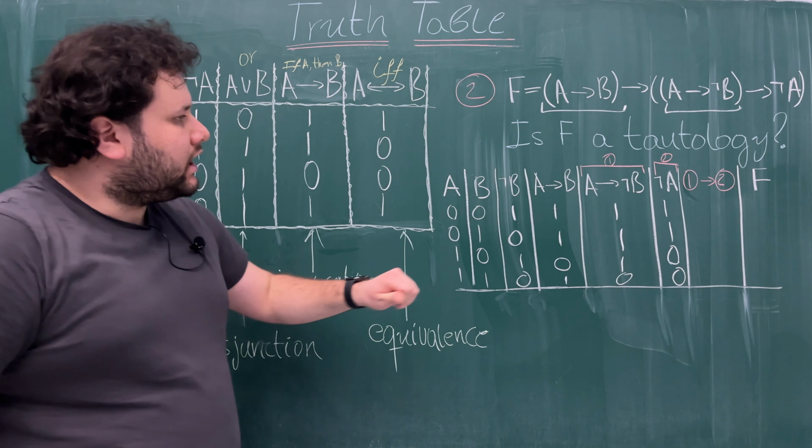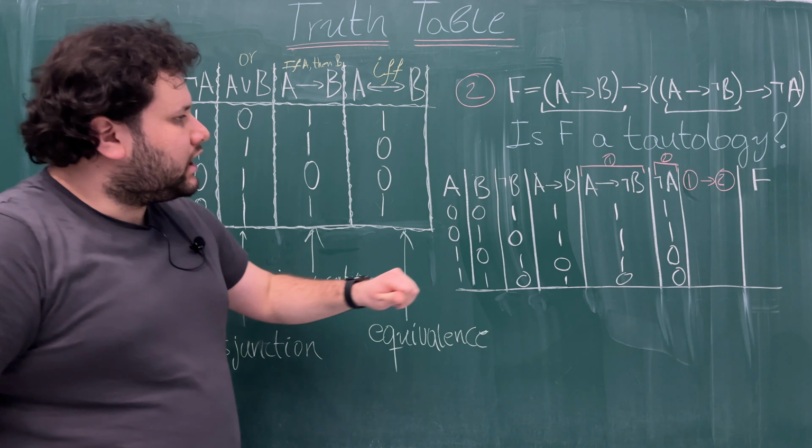So we have implication. True implies true. This is true. The same in here. This is true. And this one, true implies false. This is going to be false. And the last one is false implies false. So this is going to be true.